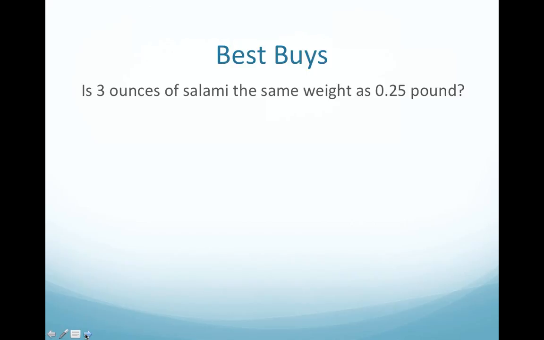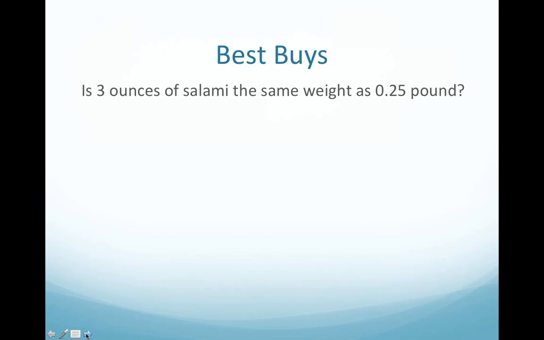Okay, where do we go to find things when we don't know what they are? Google, thank you. Google. Okay, you can go to Google or Bing. If you had said Bing or Google, either one of those answers would have been accepted. So you just type it into Google: how do you convert ounces to pounds?